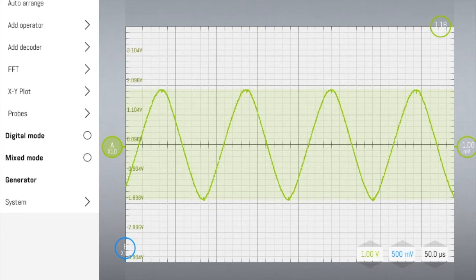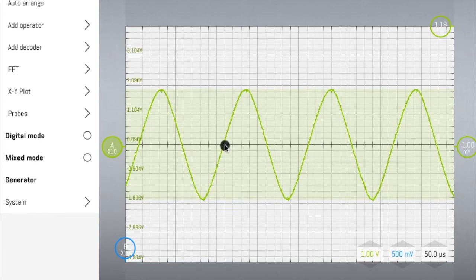The computer screen is divided up into horizontal lines and vertical lines. And then you can set the program as to how many volts each of these divisions is and how much time each of these divisions is. And so consequently, this particular cycle right here, from here to here, that's one cycle.